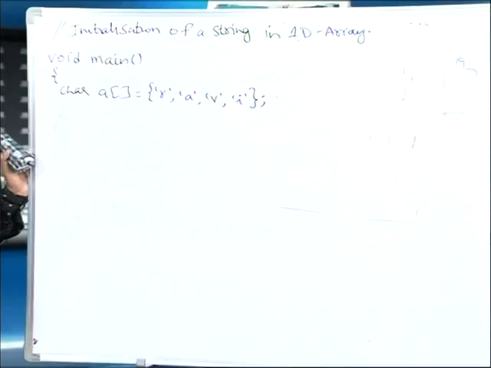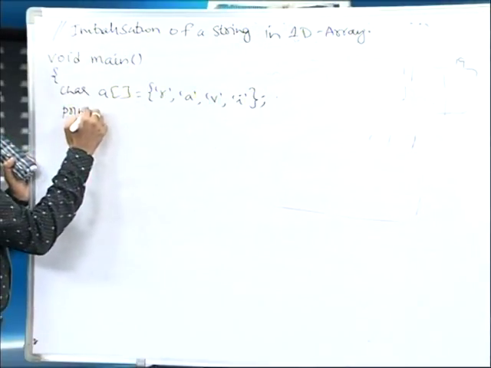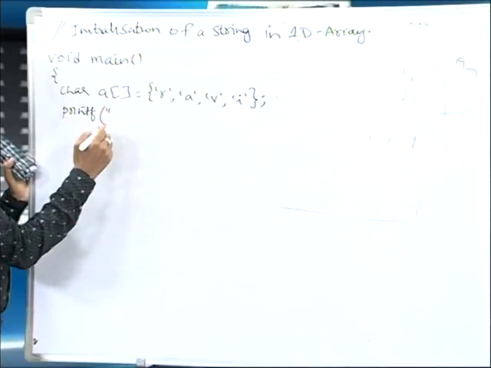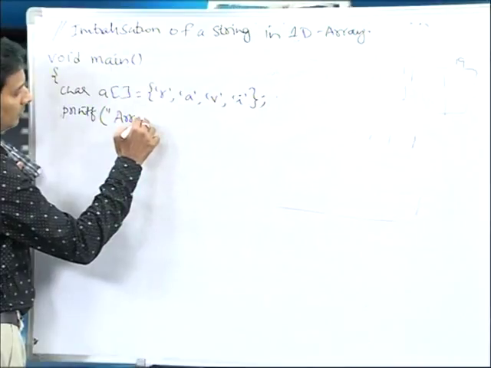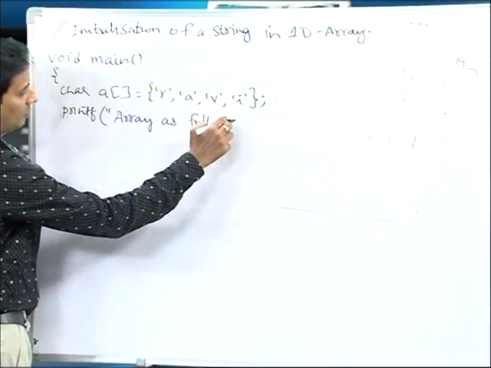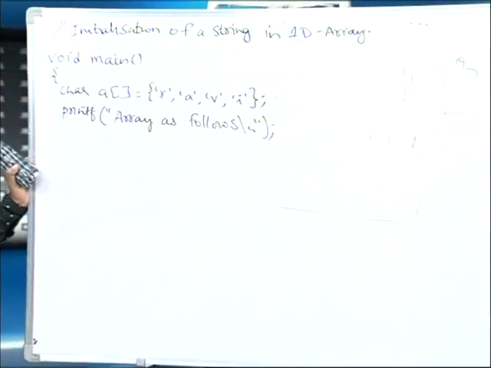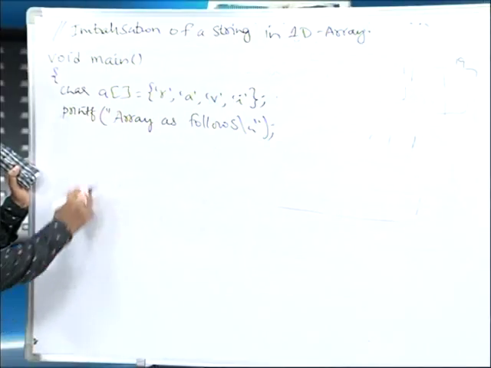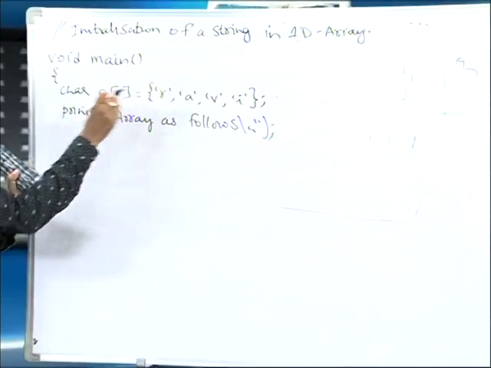Next, printf array is as follows. First we have to use a loop, because each character we have to process.